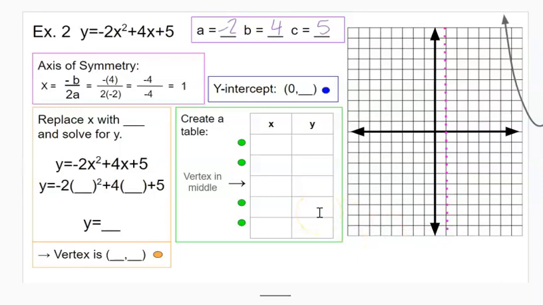And now I'm going to use that axis of symmetry, that x equals 1, to help me solve for my vertex. I'm going to replace x with 1, and I'm going to solve for y. So if I replace x with 1, I can put a 1 here where x would be, a 1 here where x would be. And again, you can feel free to use your calculator.